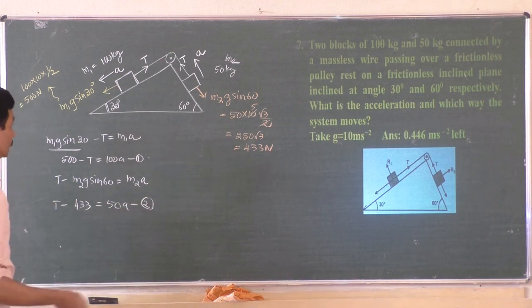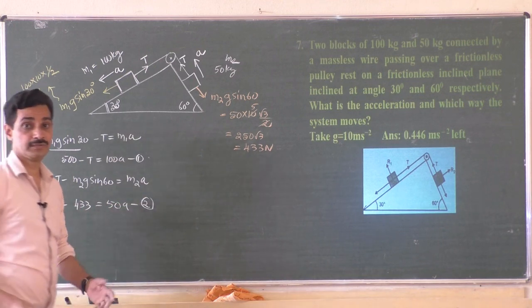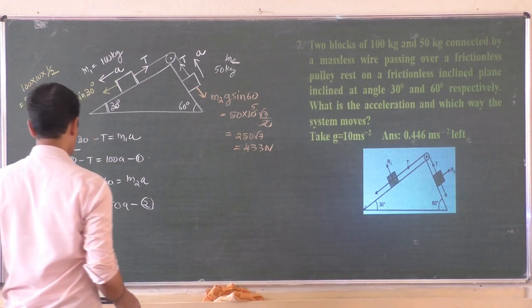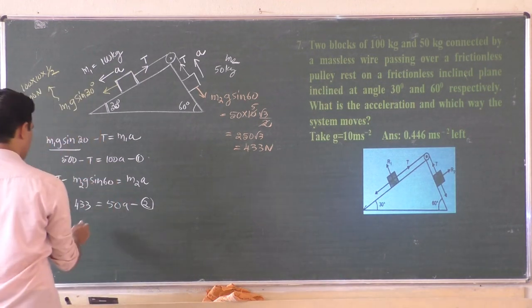So the acceleration of the whole system is the same, they can't move with different accelerations. So what is the answer now? You have to add them, right?